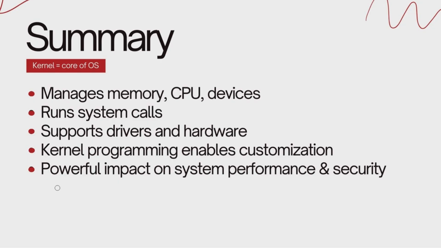It manages everything: the processes, memory, devices, files. System calls are how applications safely talk to the kernel. Drivers and modules let us add new features, and overall the kernel is what gives your computer good performance, security, and stability.